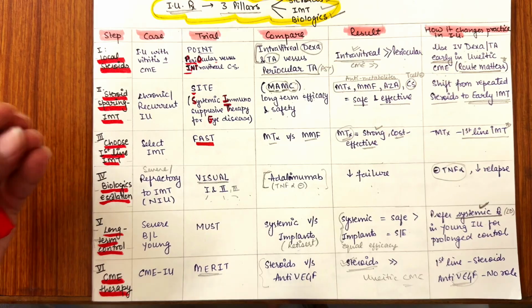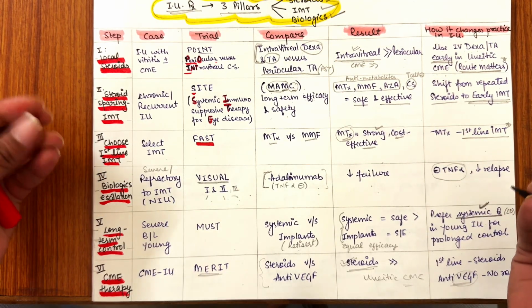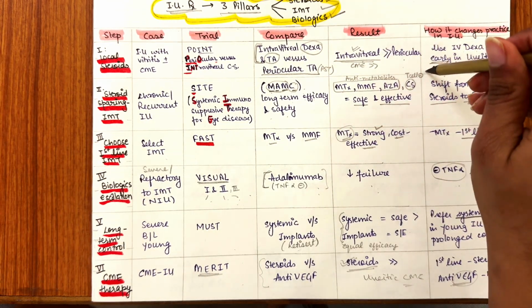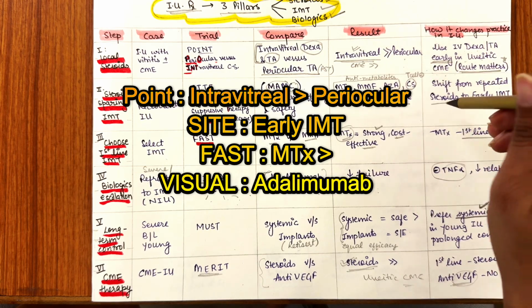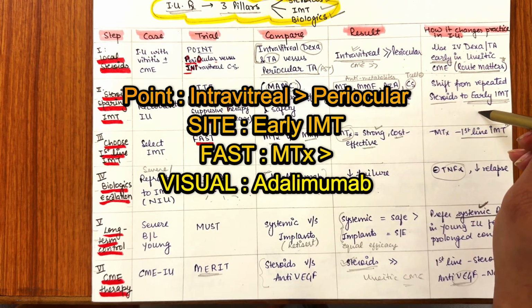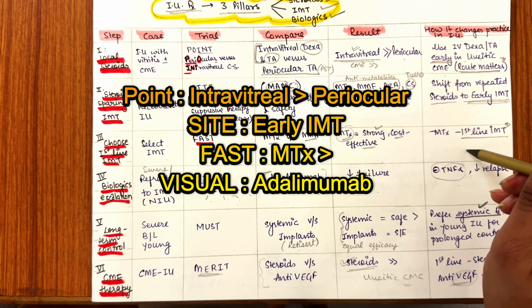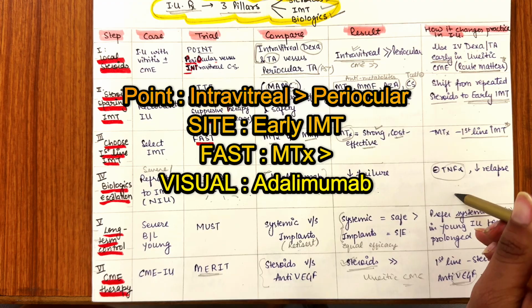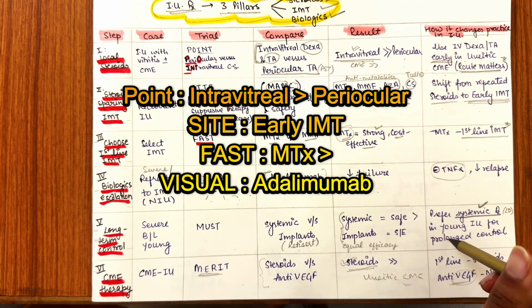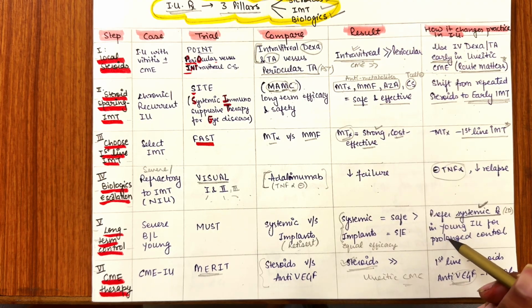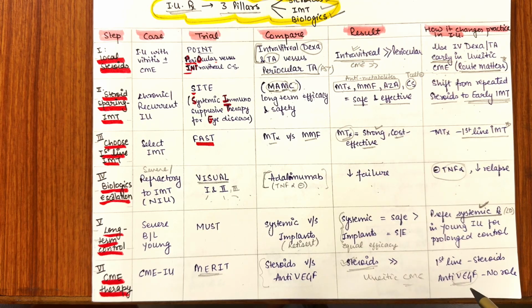So, wow, beautifully we have covered all these trials. You need to remember: POINT trial, local steroid choice; SITE trial, that you start immunomodulator therapy early; FAST trial, that methotrexate is the first line drug; VISUAL trial, that tells when to escalate to biologics like adalimumab; MUST trial, for long term strategy you go for systemic treatment as compared to implants; and for uveitic CME prefer steroids and not anti-VEGFs.